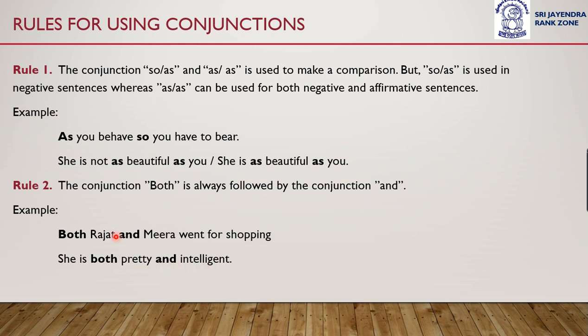In both these sentences, "both" is followed by "and" because they are correlative conjunctions and must be used together. All right. We will discuss some more correlative conjunctions in further rules because these are very common in our examinations. They are most common in the common error sentences. They are very common.